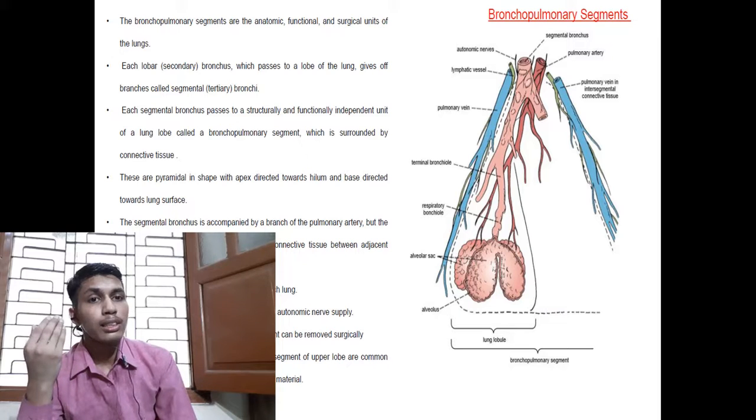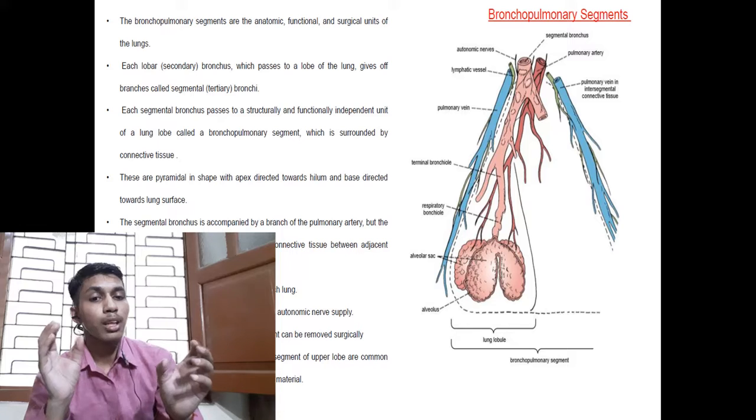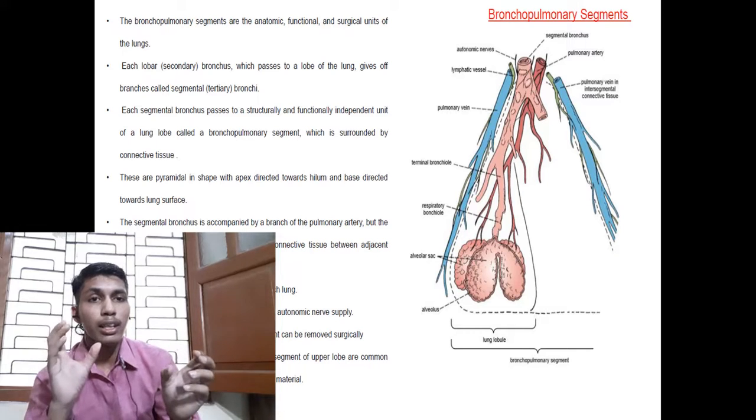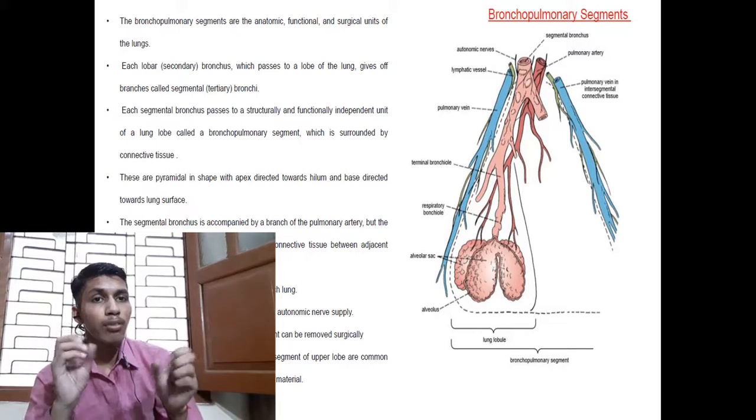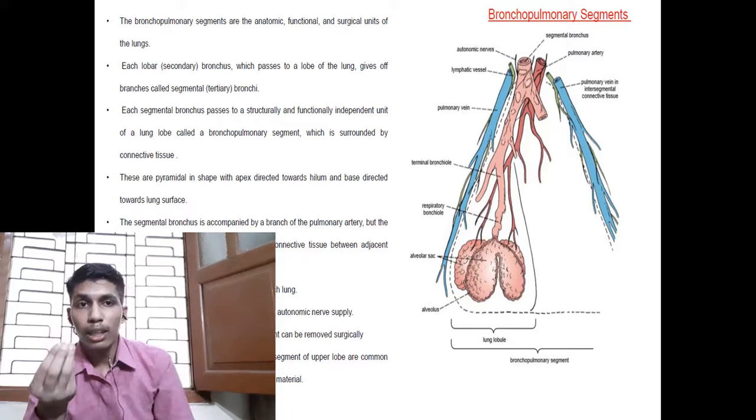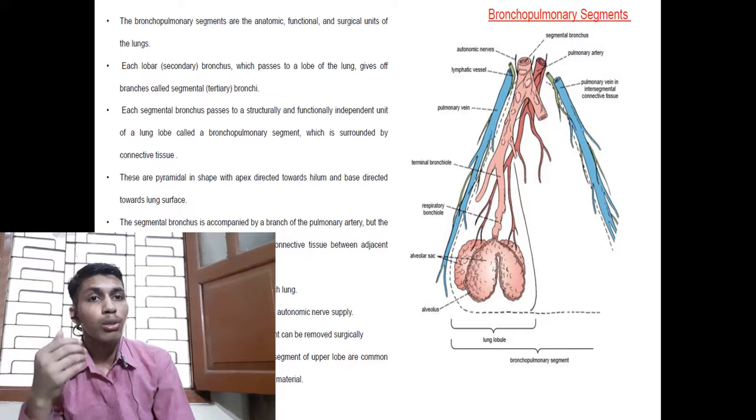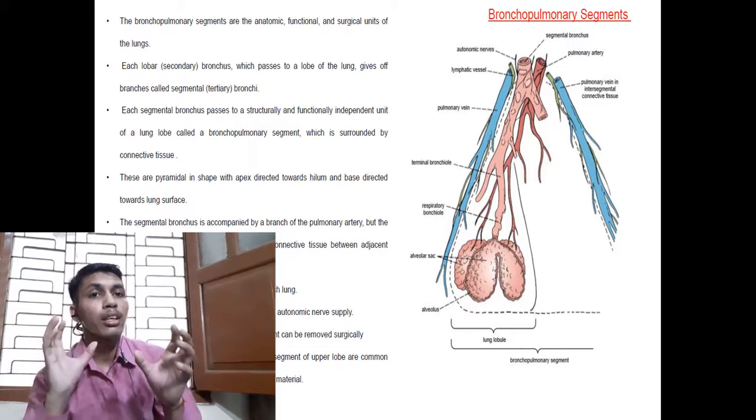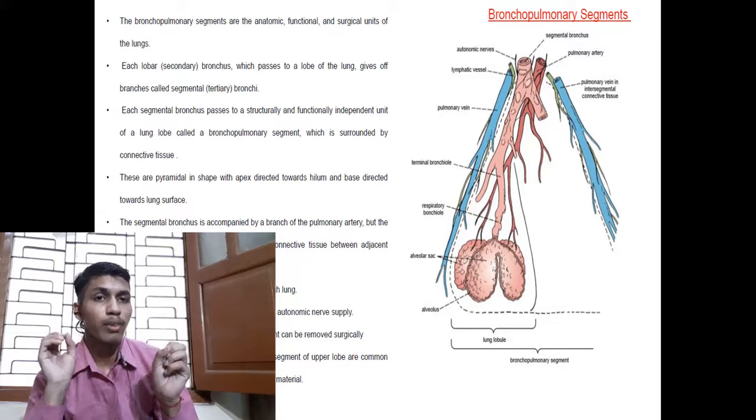So this remains the same all over, and by virtue of this we can easily diagnose, easily find out the localized infection and treat accordingly. Without removing the vital organ as a whole, we can treat the diseased segment only.